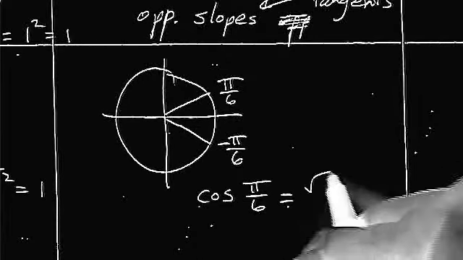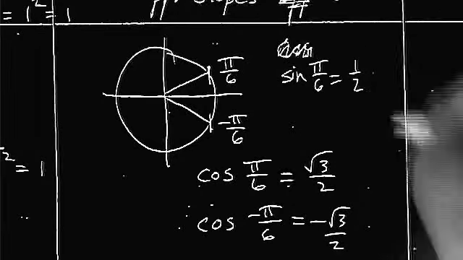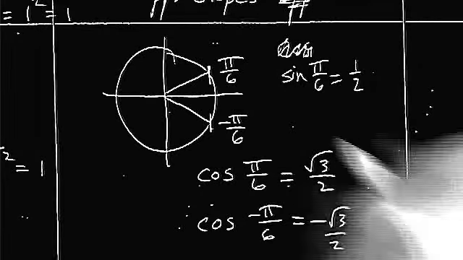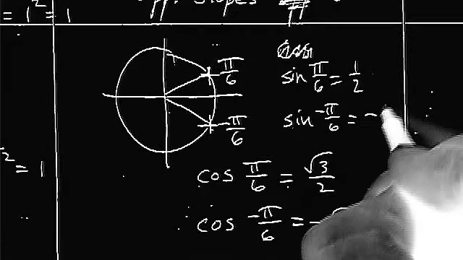Suppose I told you that was radical 3 over 2. What would you know about the cosine of negative pi over 6? Wouldn't it be exactly the same? Suppose I told you that the sine of pi over 6 was 1/2. What would you know about the sine of negative pi over 6? So the y value here is 1/2. What's the y value here? Negative 1/2.